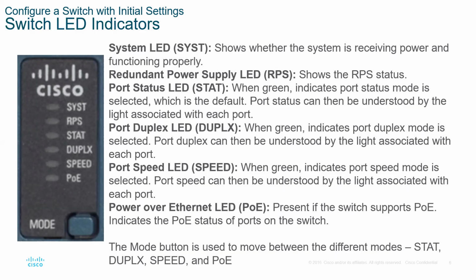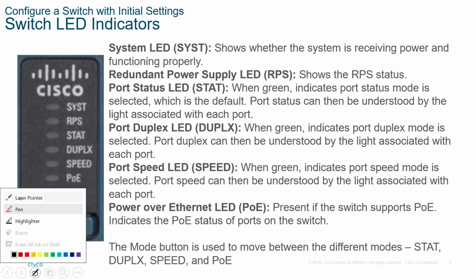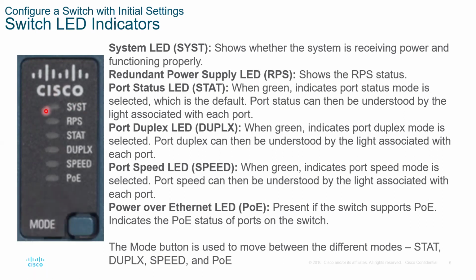You can see from our diagram. When you look at a switch, it has lights at the corner at times. These lights help you understand how your switch is operating.